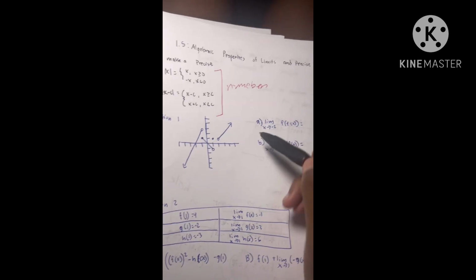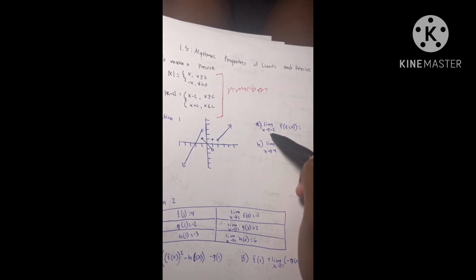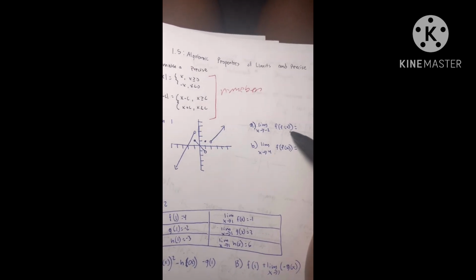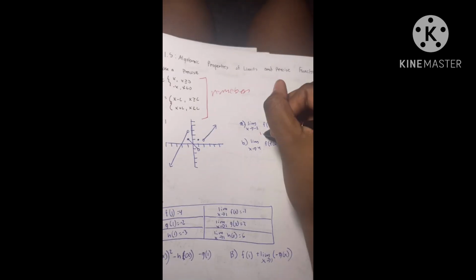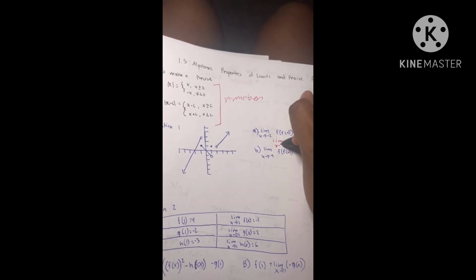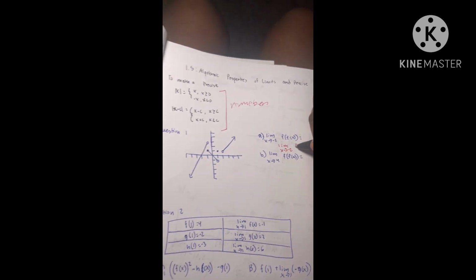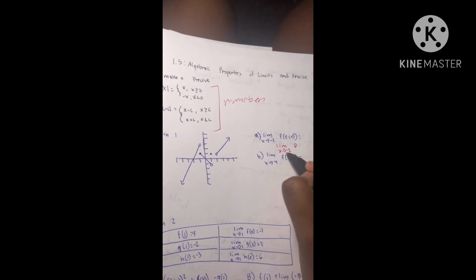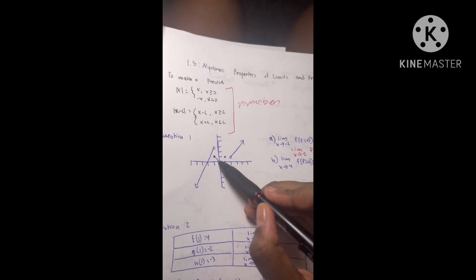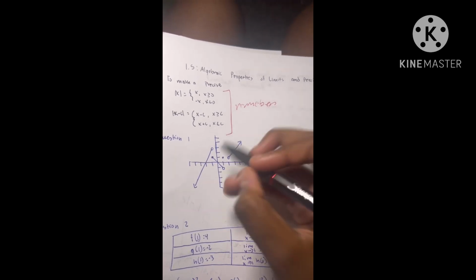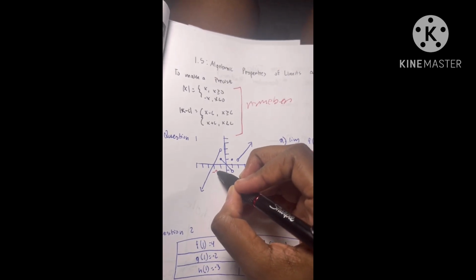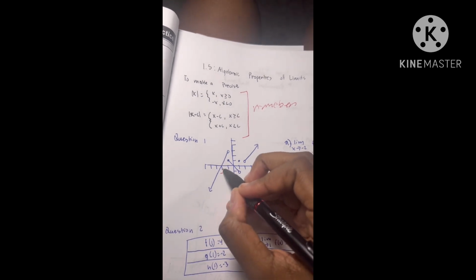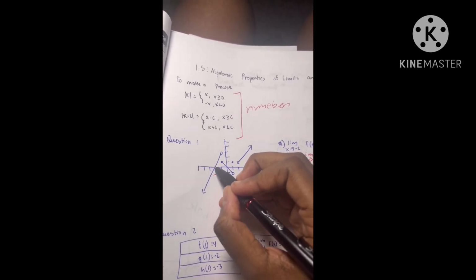Question 1A says, as the limit approaches -2, what is f of x? I want to start by breaking it down. First, I go to as x approaches -2 of f, and that will be 0.